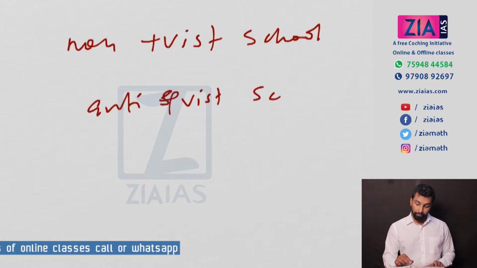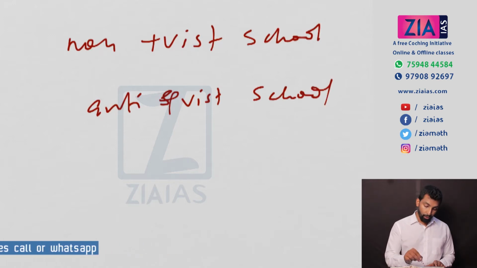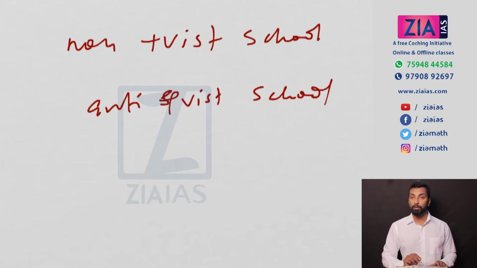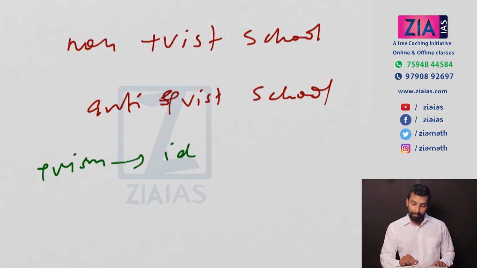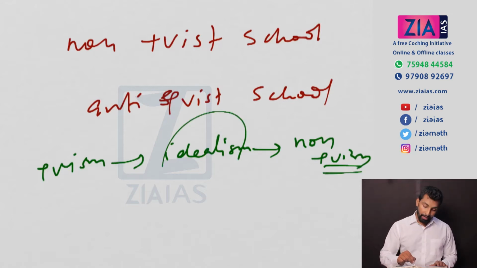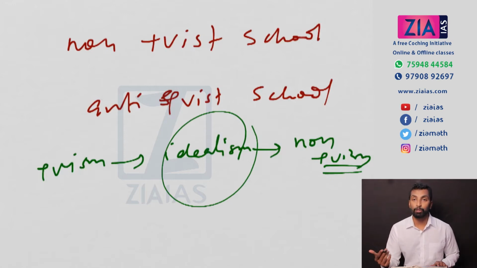If you want to see the relation between positivism and non-positivism, there is not a drastic change. First positivism, then idealism, then non-positivism or anti-positivism, and Weber will come somewhere in between, not purely idealist. He had some element of positivism, and there is an element of non-positivism also.